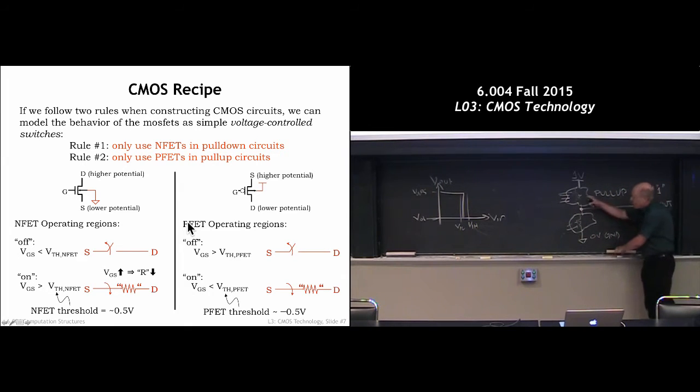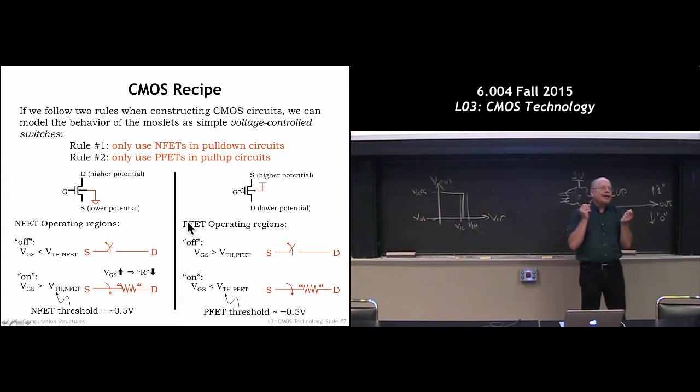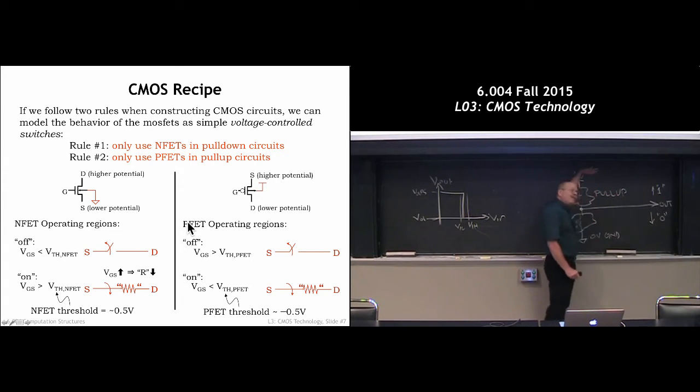So we have these little switch networks whose job it is to connect the output node of each logic gate to the power supply voltage when we want the output to be 1, and connect it to ground when we want the output to be 0.